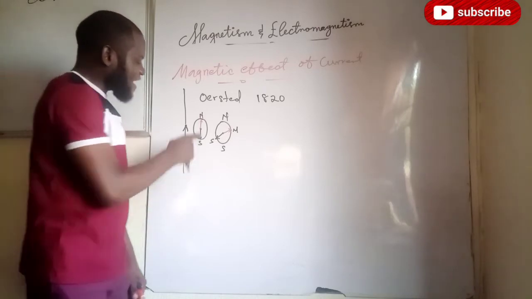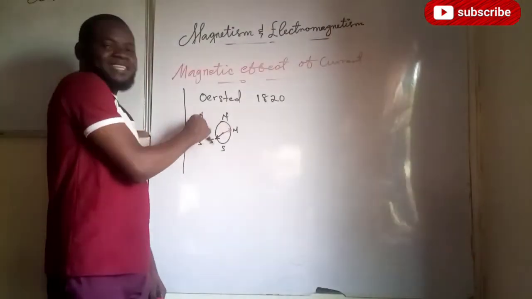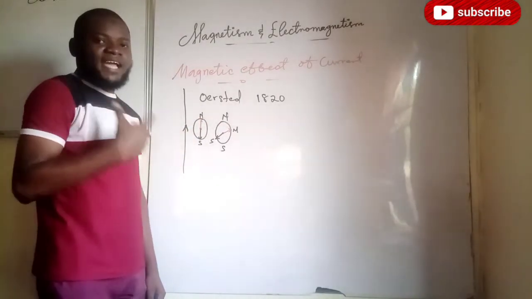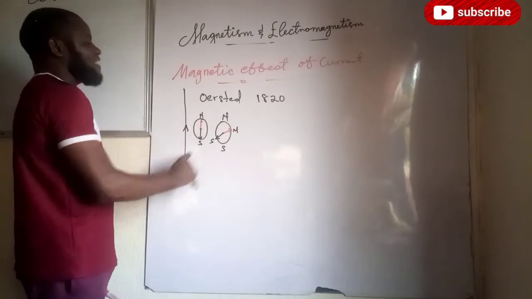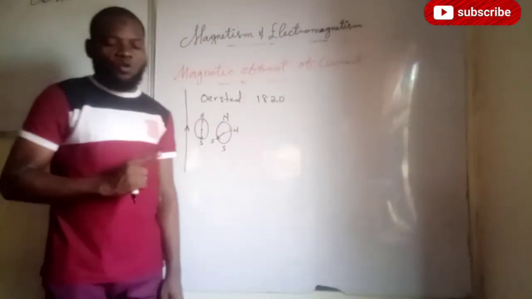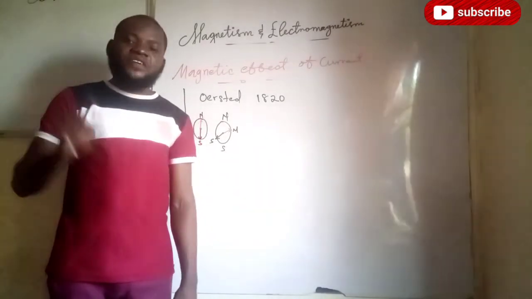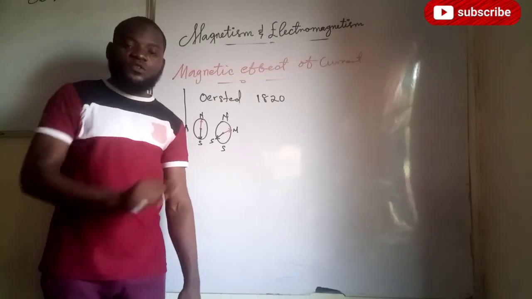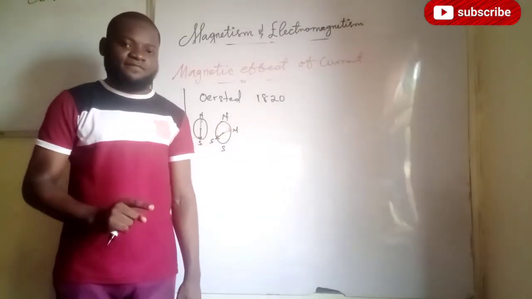And the only thing that can make this thing change its position is if there is a magnet closer to it. Then it concludes that automatically there is an effect of magnetic field whenever current flows in a conductor. In a nutshell, a current carrying conductor produces a magnetic field around itself.